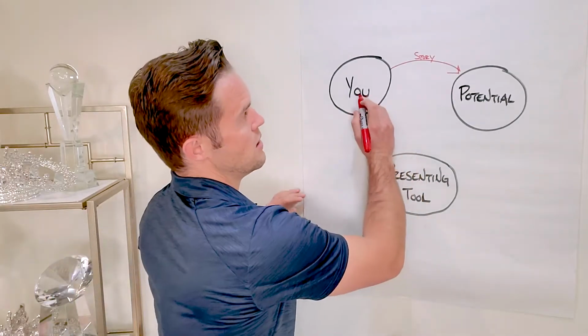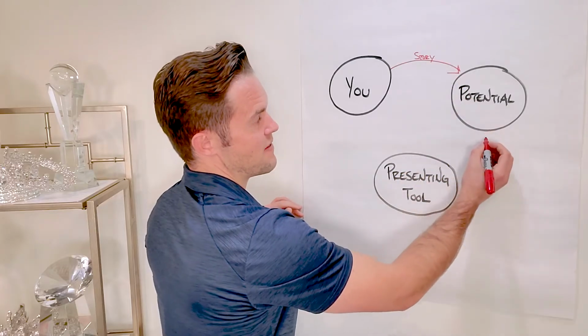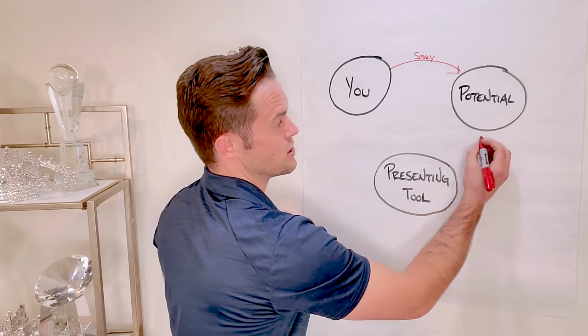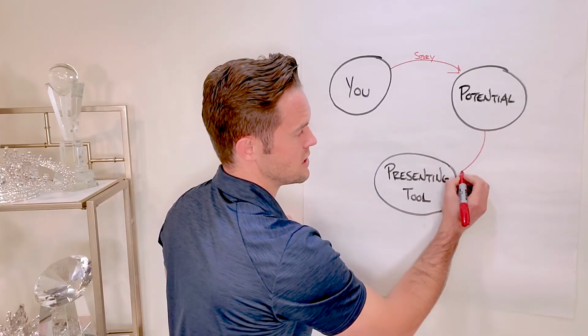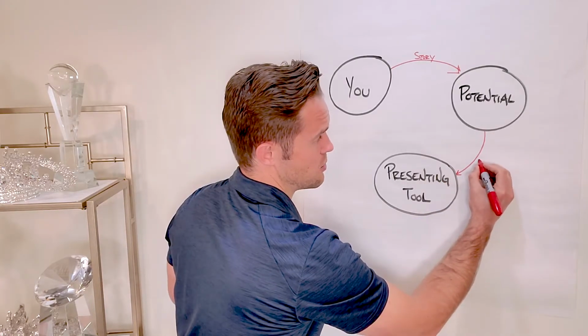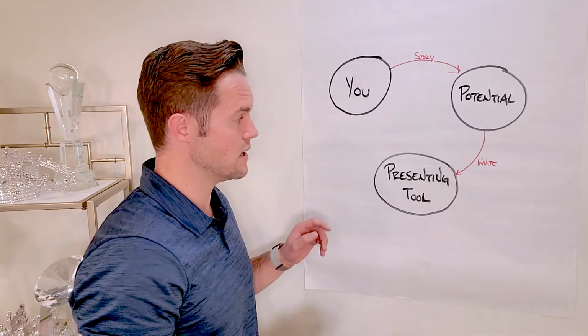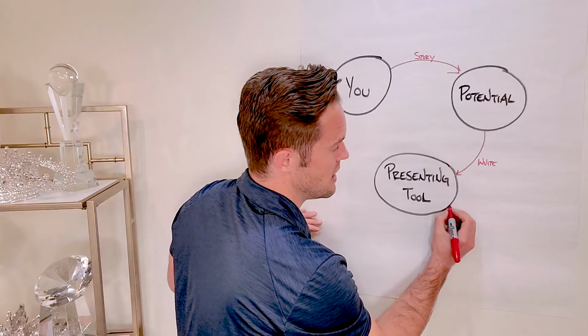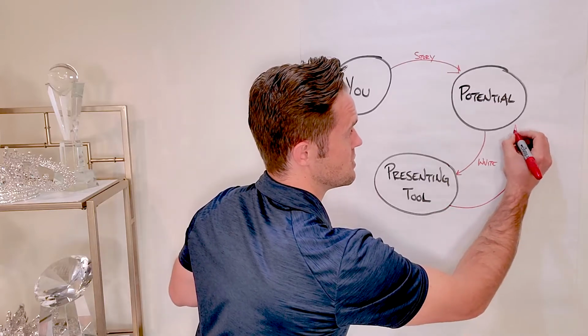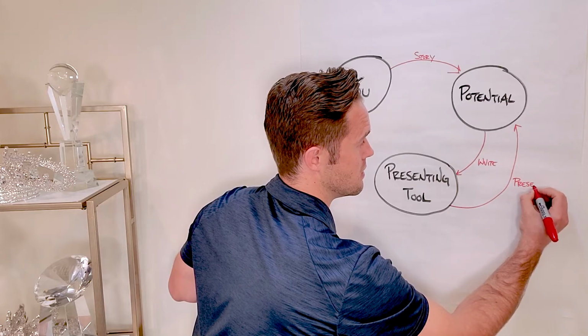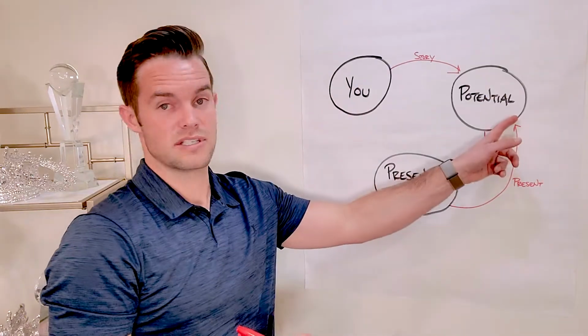So you create that bond with them, and from that, you have a little more credibility with the person, so they're willing to be invited over to the presenting tool. Over here, you've got the last step we talked about, invite. So you're going to invite, using some of those steps and different approaches we talked about. And then from here, the presenting tool, if you do the opportunity presentation, is doing the presenting for you. How awesome is that? So they're doing the presenting, okay?